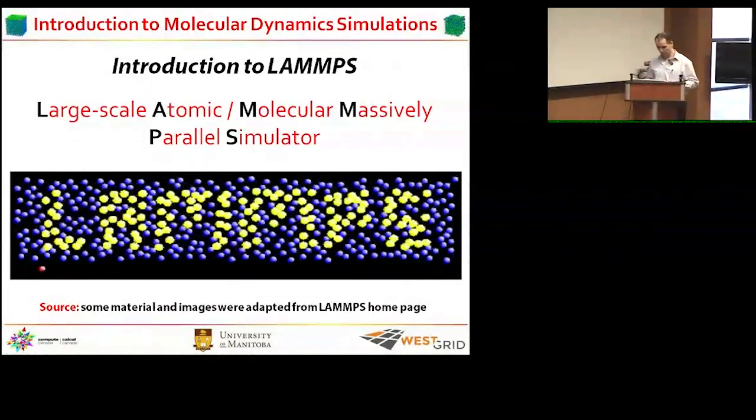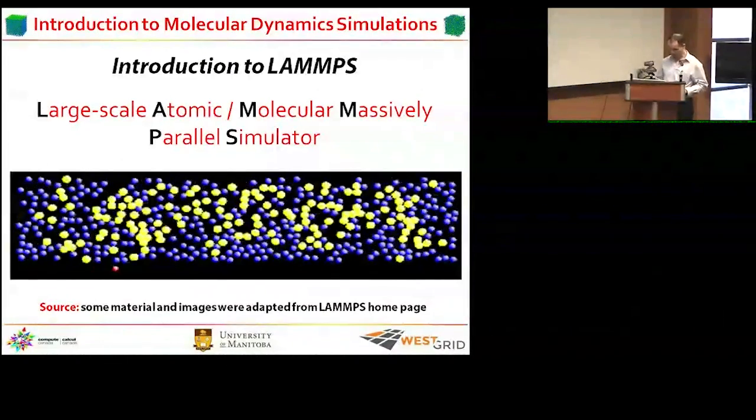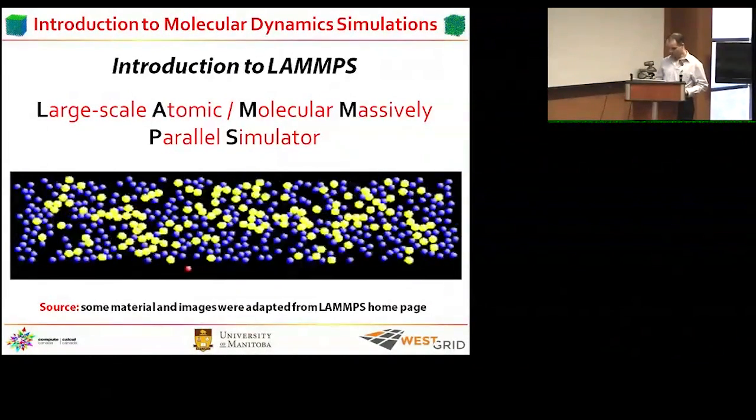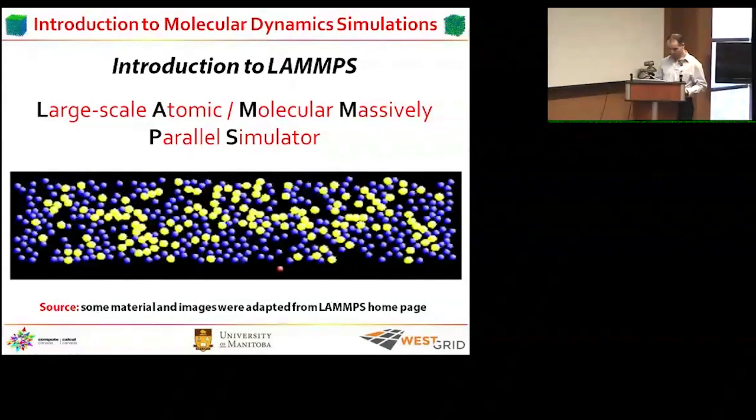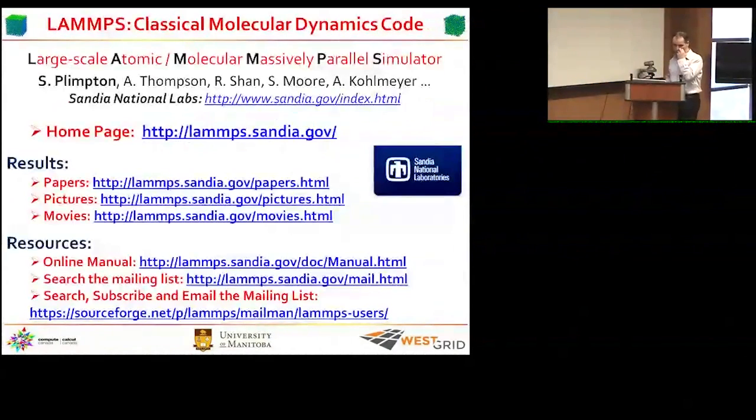This picture was taken from the LAMMPS website. Now, what is LAMMPS? To learn more about LAMMPS, there is this homepage of LAMMPS. From this, you can find many useful pieces of information.